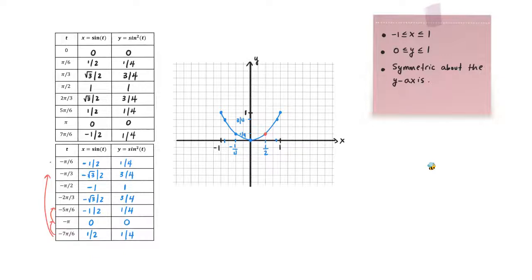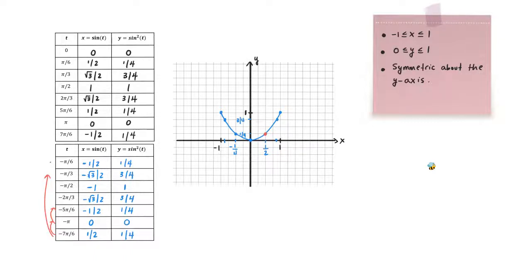Then when I go to -π, the point now becomes (0, 0). That's the origin. So it seems as if my first red point is now moving down towards the origin. Interesting, but let me take a look at a few more points. When I now go to -5π/6, the point becomes (-1/2, 1/4). So again, it continues moving towards the left.